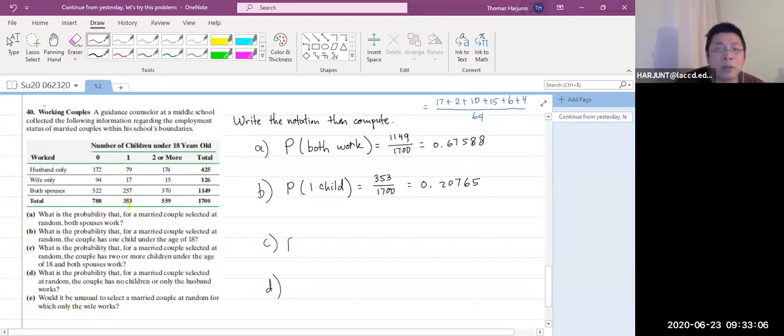Part C, probability of having two or more children and both spouses work. So, two or more children and both work.